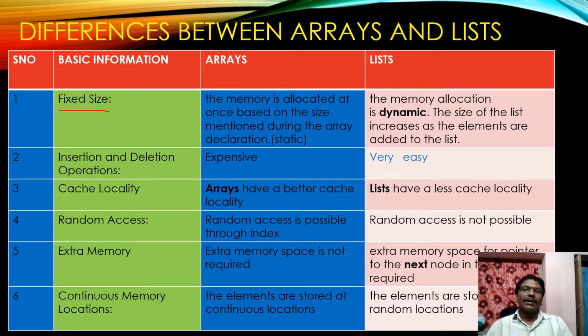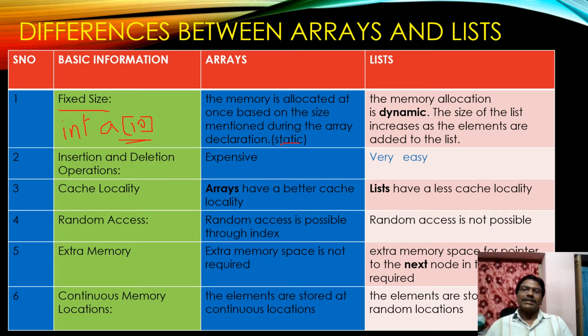For example, int a[n], where the variable a holds only 10 values. It is a fixed size. At the time of execution, it cannot increase the size of the array.